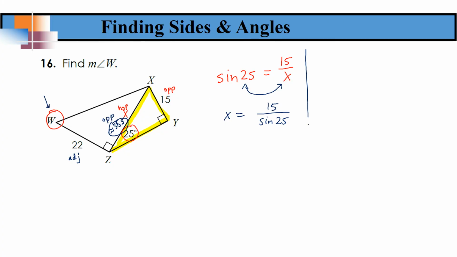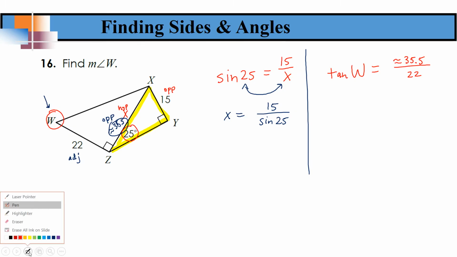Opposite over adjacent, that means we're using tangent. So we can say tangent of W is equal to the opposite leg, the approximately 35.5, over the adjacent leg, which is 22.